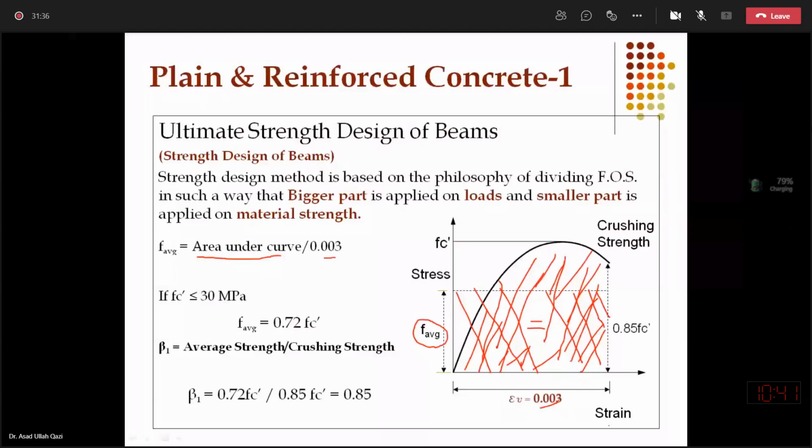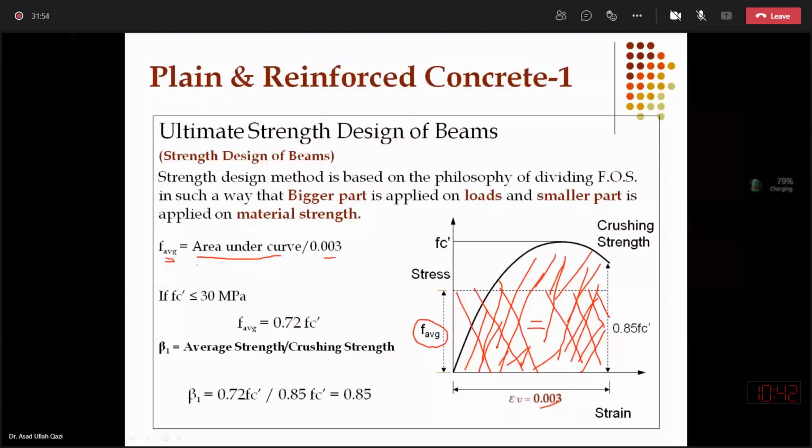This is one important step because we are going to use this in the next slide. What we have done is an exact calculation of area, and then divided it by the abscissa to get F average.